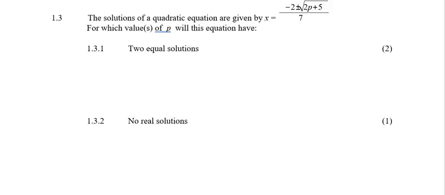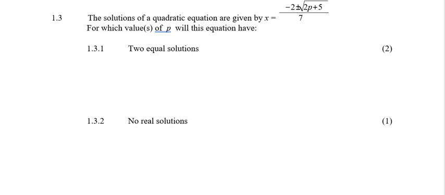1.3: the solutions of a quadratic equation are given by x equals minus 2 plus or minus the square root of 2p plus 5, all divided by 7. For which values of p will this equation have two equal solutions?